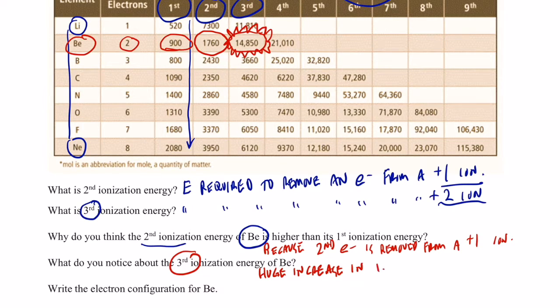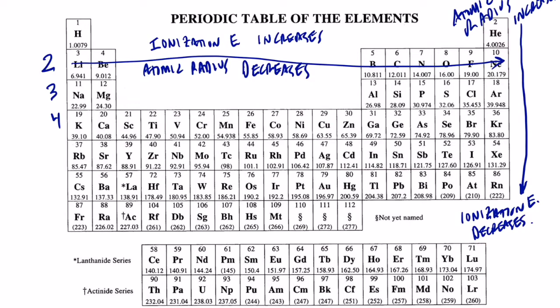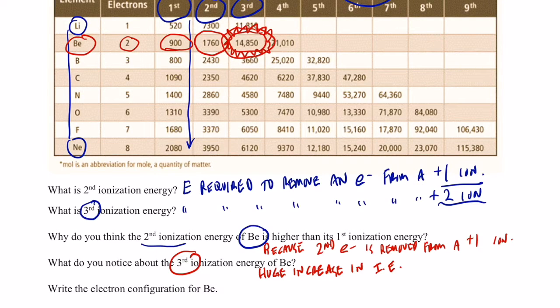Let's write the electron configuration for beryllium, and let's see if we can figure out why there's such a big increase when we try to take that third electron away. Beryllium, kiddos, has 4 electrons, so its configuration would be 1s2, 2s2. Or I suppose we could write a shorthand version and say helium 2s2, couldn't we?